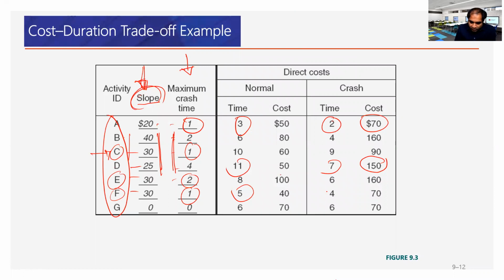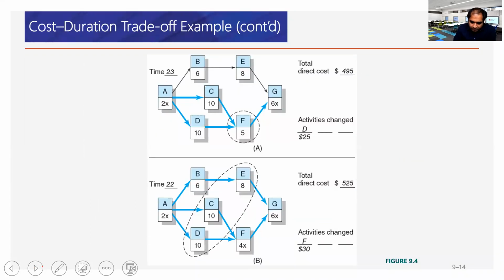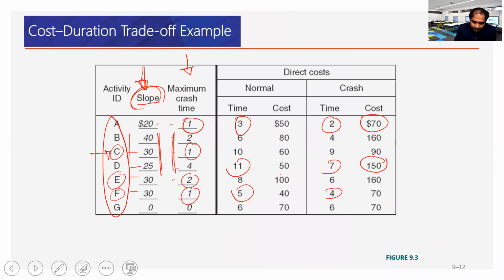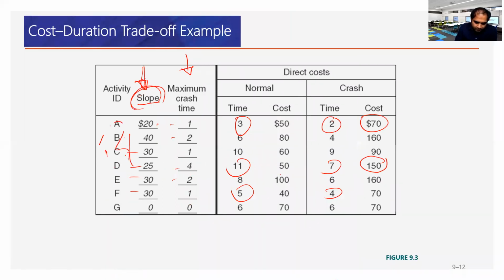If you reduce it to 4 days, so out of this here, as I said from the beginning, B, C, D, all three parallel, 40, 30, 25.